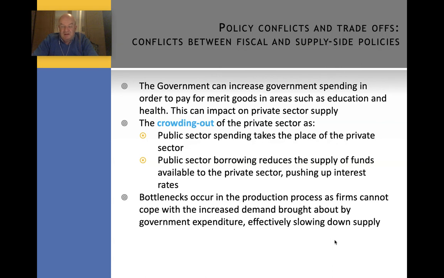So as much as anything, it's very much a case of using all of the different tools that the government has available, including monetary, fiscal, and supply side policies, and trying to balance all of those things together to achieve the overall aims and objectives of stability, low inflation, economic growth, and low unemployment.